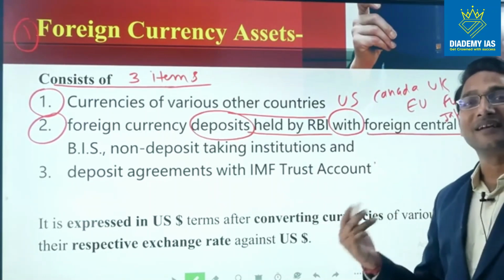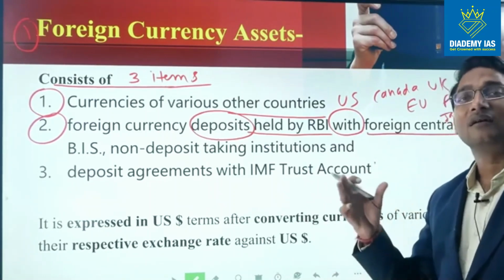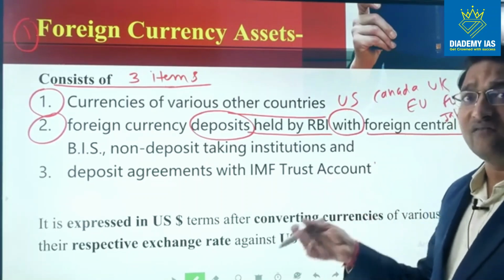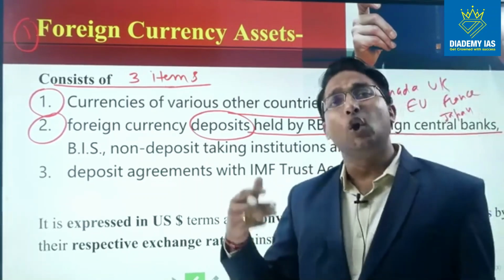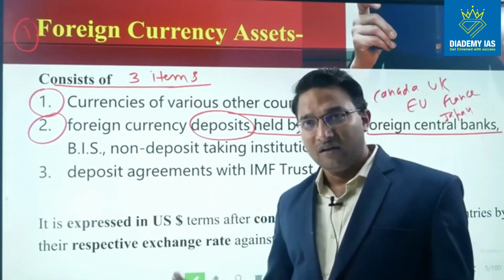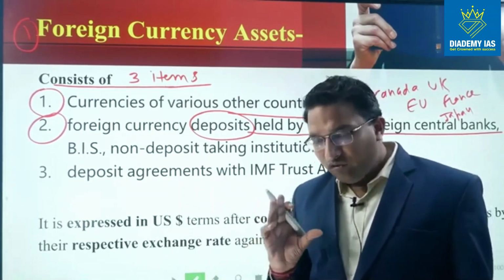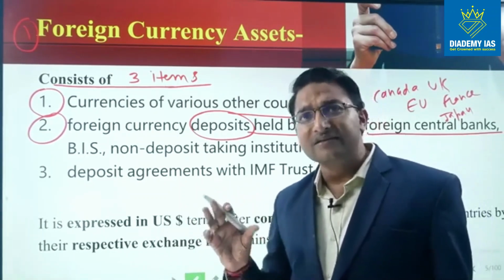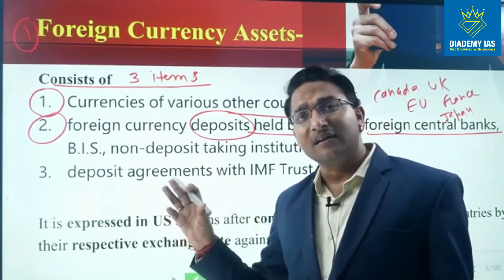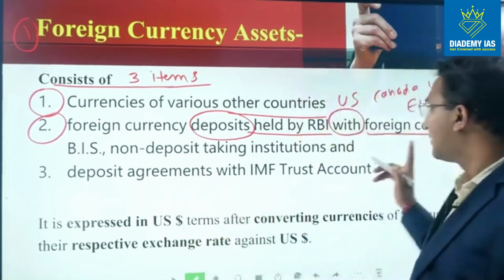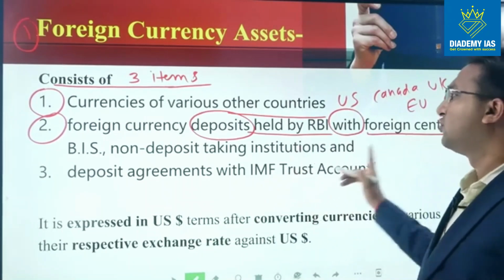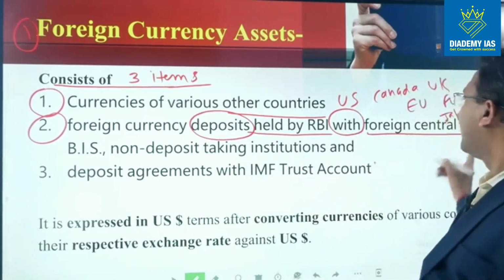For example, European Central Bank or any other country's central bank. Just like we have RBI in India, all the countries have their own central bank. So when we have balances in other countries' central banks, this is included in the foreign currency deposits held by RBI with foreign central banks.